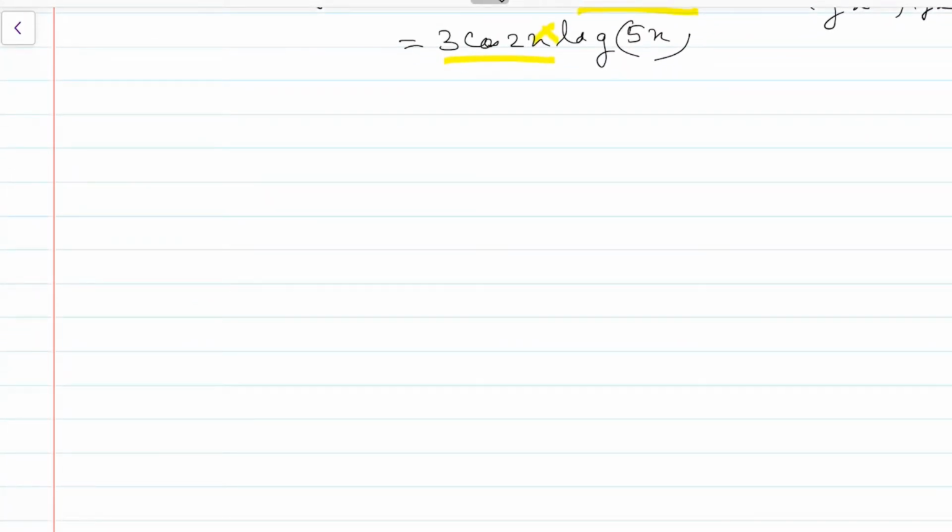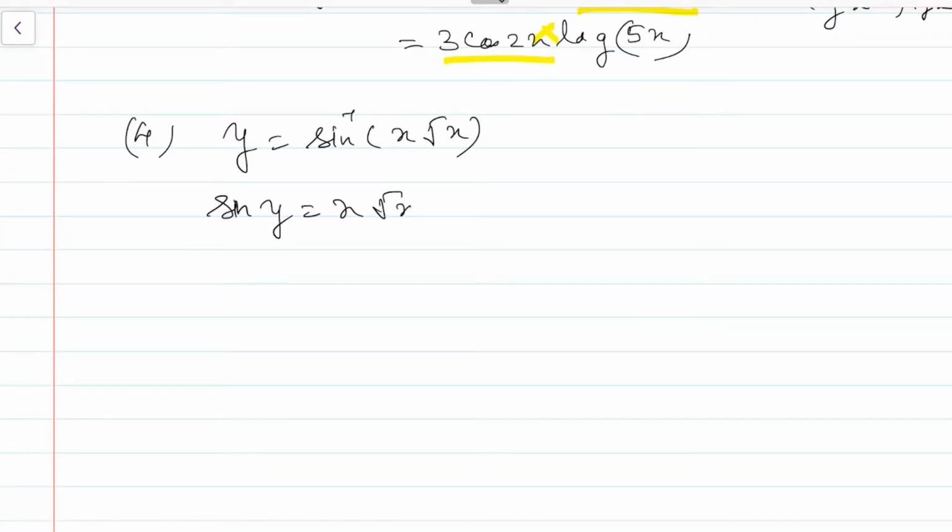Now question 4. Here we have two options. Either use the chain rule or use the method of implicit function. For the implicit function, we can write it as sin y equals x root x, then differentiate. Directly, we can take x root x as t.